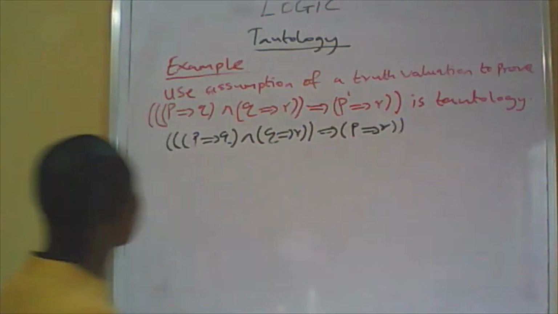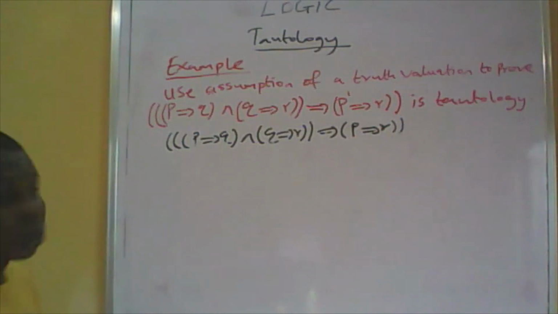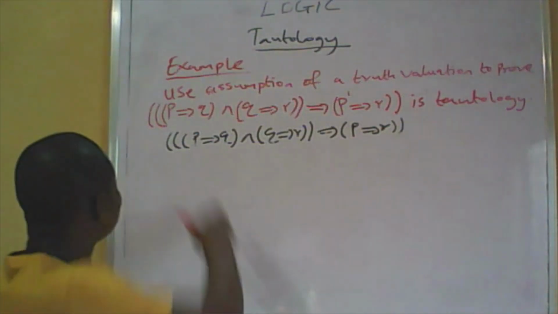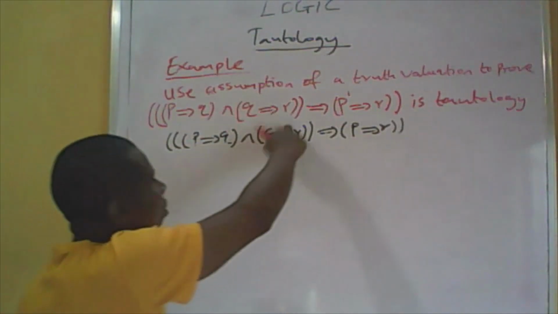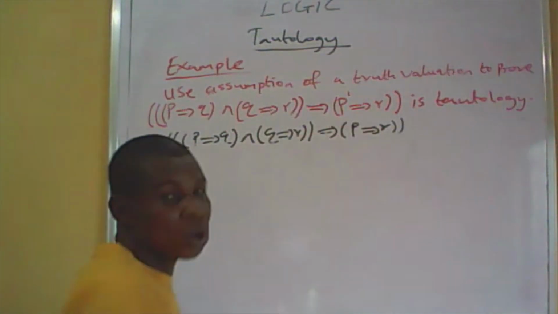Now I want to use assumption of a truth valuation to prove that this statement, P implies Q and P implies R implies P implies R, is tautology.